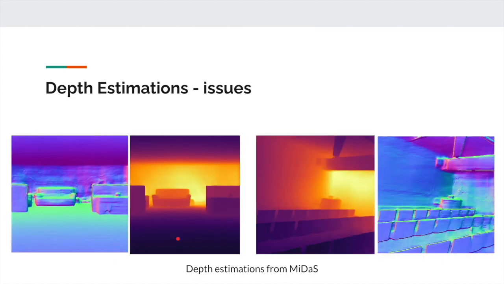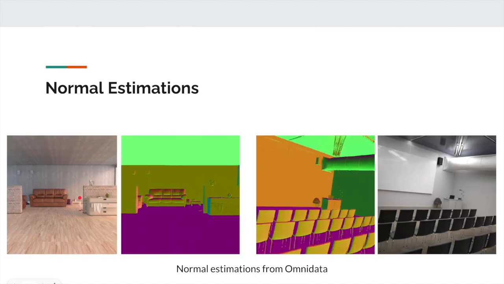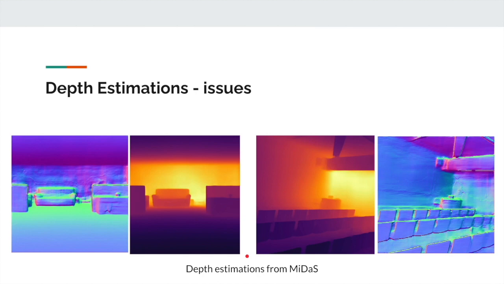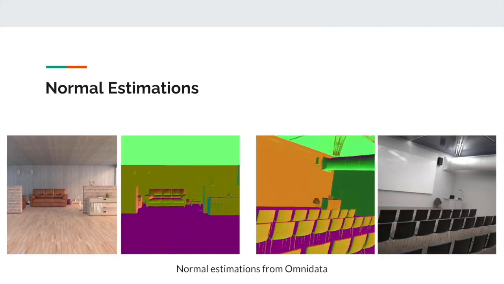Also, we know that in order to convert our depth map to the normal map, we can take the derivative of our depth map in each direction. So can we use the information in these normal estimations from OmniData or other projects that estimate normal maps to improve our depth map, and somehow use both the depth map and the normal map information to improve them?